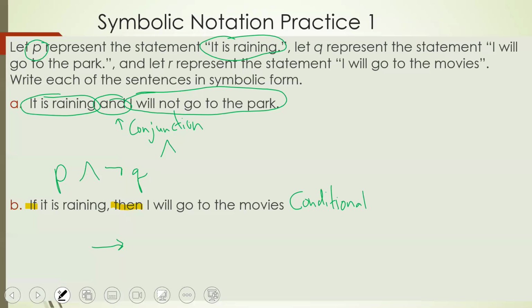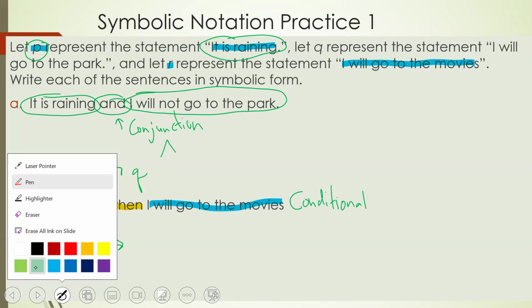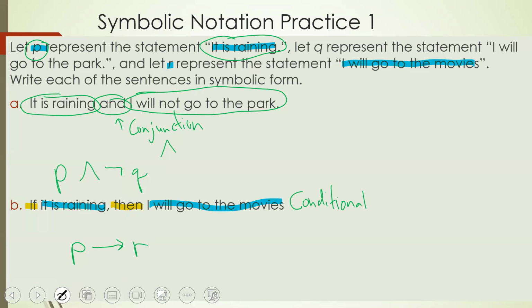And so when I compare what we've got in our statement here to what's up above, we're told first of all it is raining. And as we just saw, that's represented by P. So the first part of our statement here will be the letter P. The second part, I will go to the movies. Looking up above, I will go to the movies is represented by R. So the second part of our statement here is R. So if we read this, we have P arrow R, or P implies R, or another way to read it would be if P, then R.